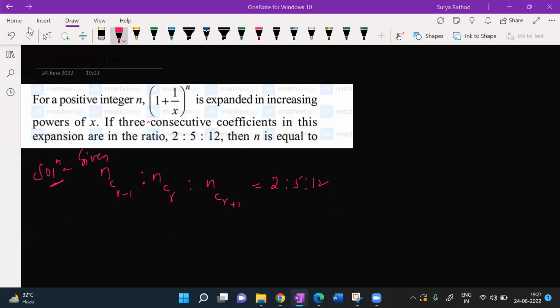So three consecutive coefficients of this expansion are in the ratio this one. Then n is equal to dash. So I wrote this. How many of you got this?